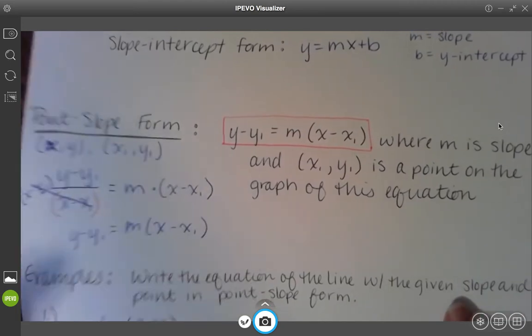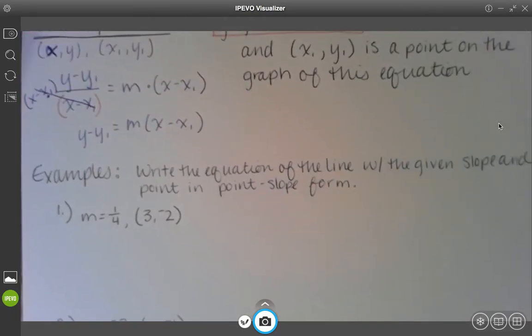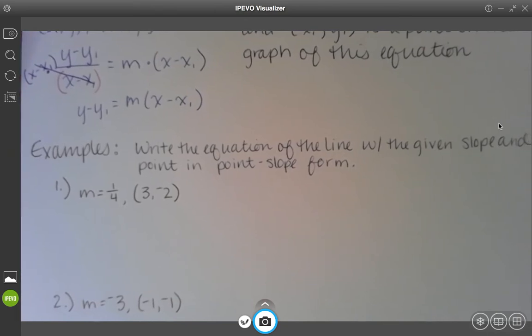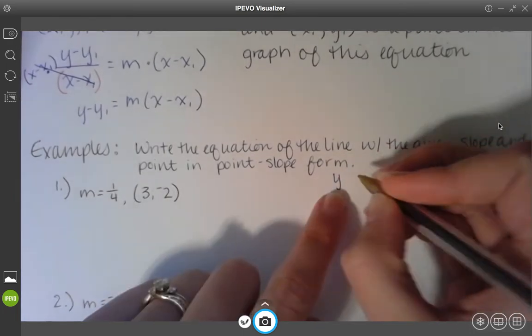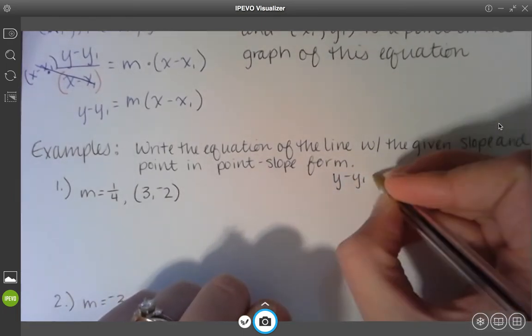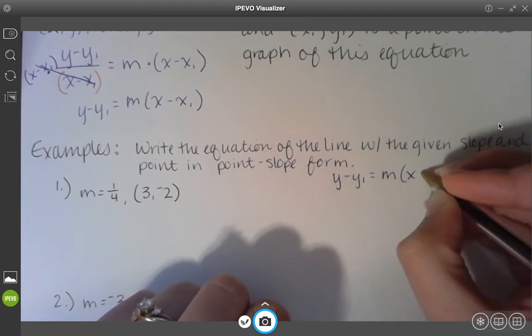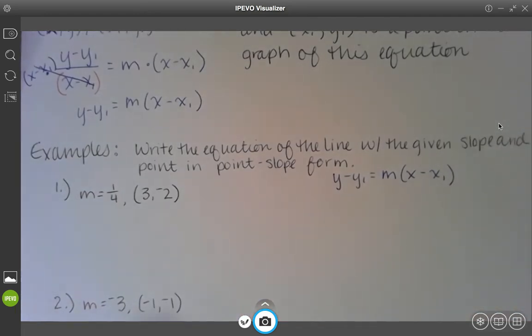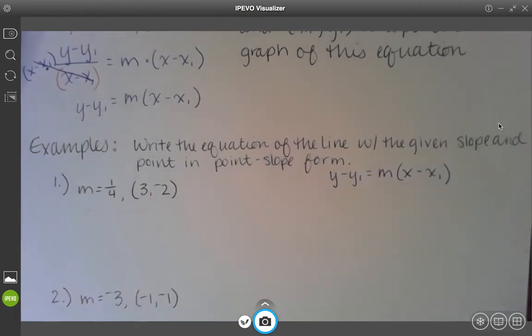All we're going to do today is talk about, given this information, can you write an equation in this form? Write the equation of the line with the given slope and point in point slope form. Again, I will write point slope form here. Your variable y, you subtract your y value, equals m times your x minus your x value of the point. So we have got our slope and a point.